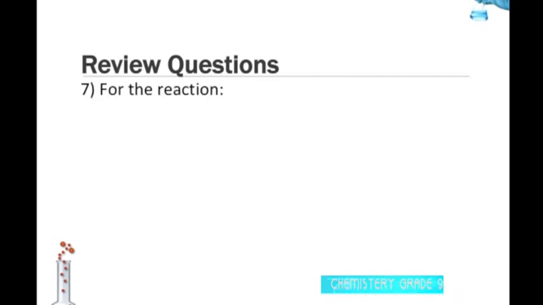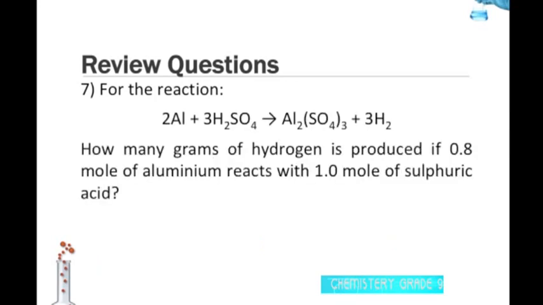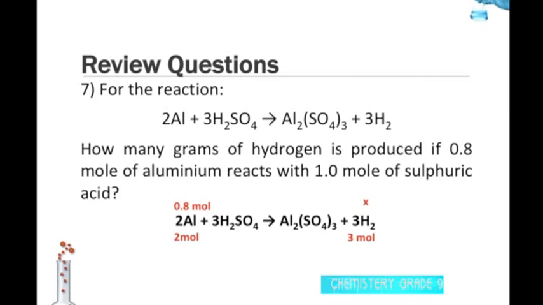For the reaction, how many grams of hydrogen is produced if 0.8 moles of aluminum reacts with 1.0 moles of sulfuric acid? With the known and the unknown on the top, the mass on the bottom. Set up the proportion, solve for x.